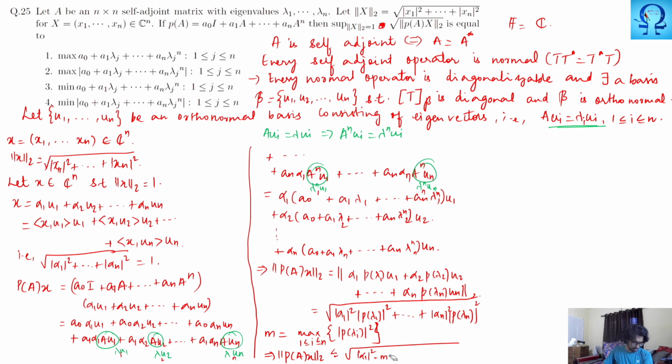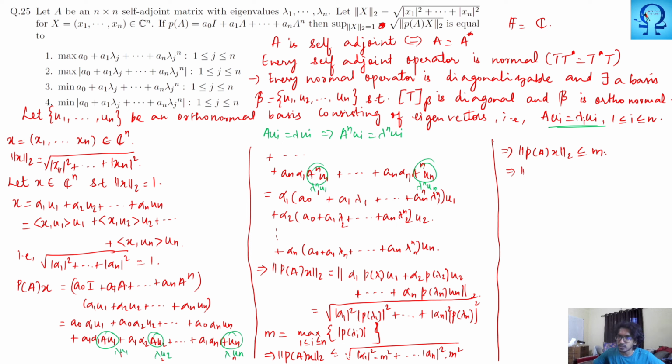Actually not this one, we'll have this as m, so that it is m square, then etc. till alpha n square m square. And when you take this m outside, what are you going to get? You would get norm of p of a x2 is less than or equals m times of whatsoever the quantity is left, that is equal to 1. So this is what we are going to have.